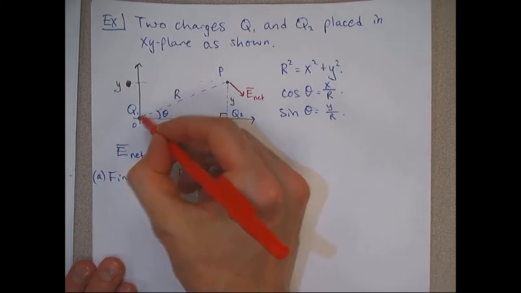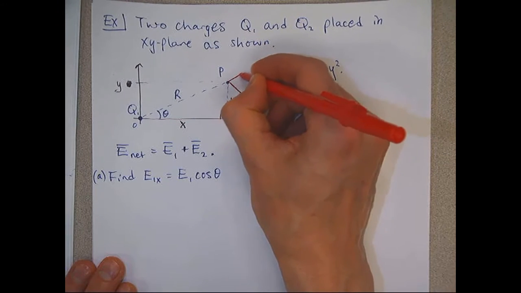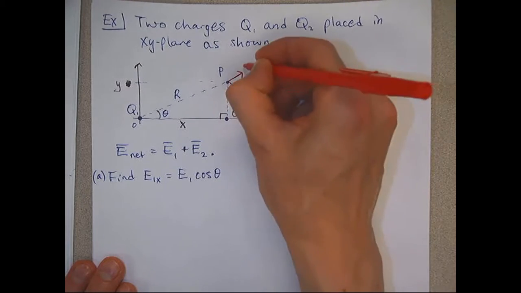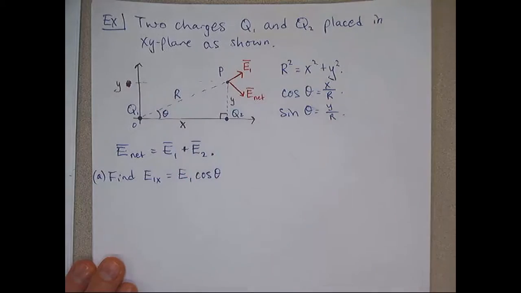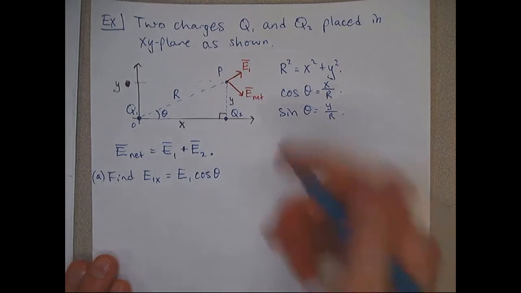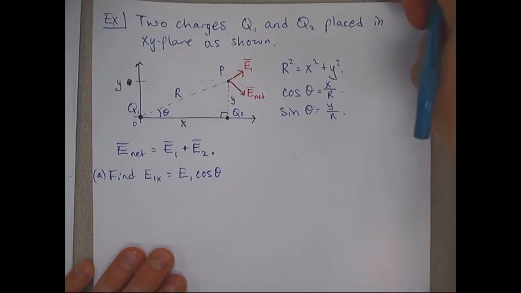E1 is the vector produced by the charge Q1. We'll imagine that Q1 here is a positive charge, which would give us an E field pointing up and to the right.